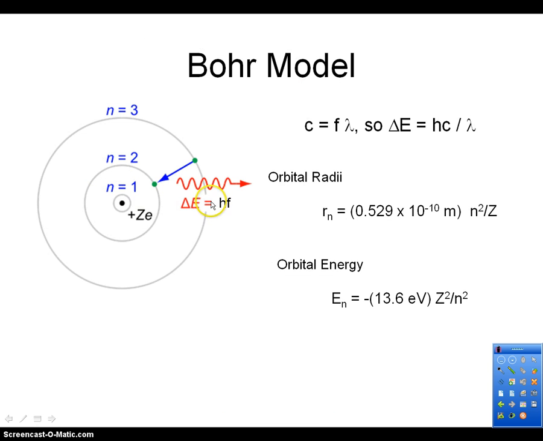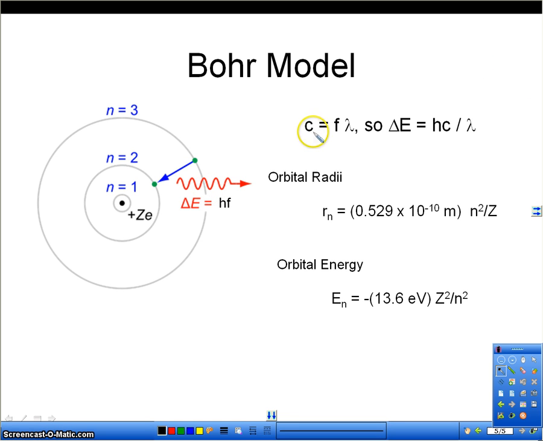First of all, let's remember this formula: the speed of light is frequency times wavelength. Since energy is h times frequency, and frequency is c over lambda, the energy change between any two orbitals, any two transitions, will be hc over lambda.